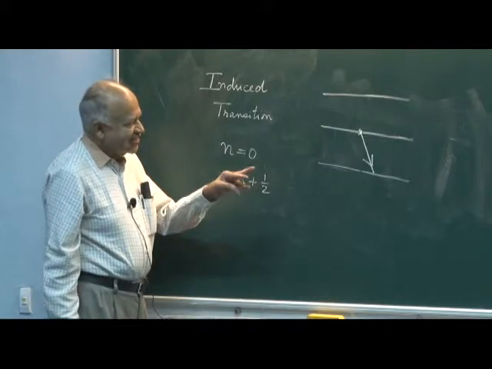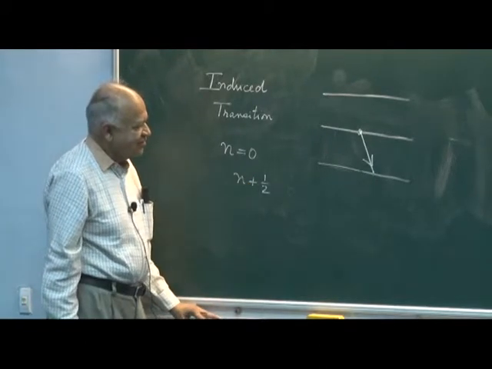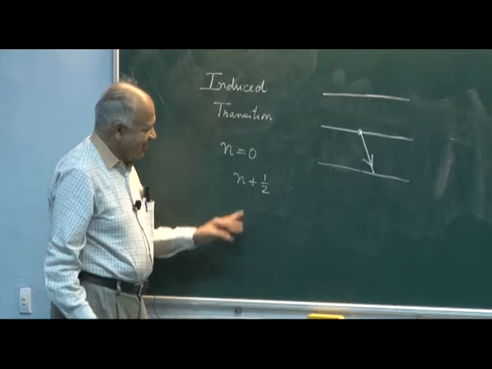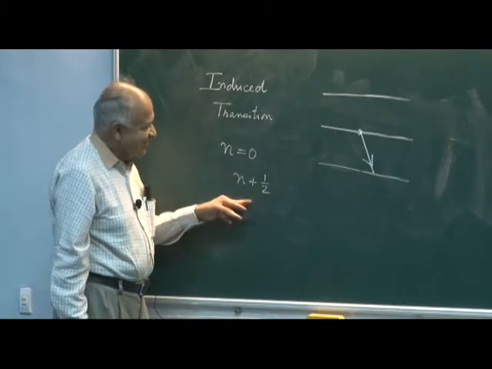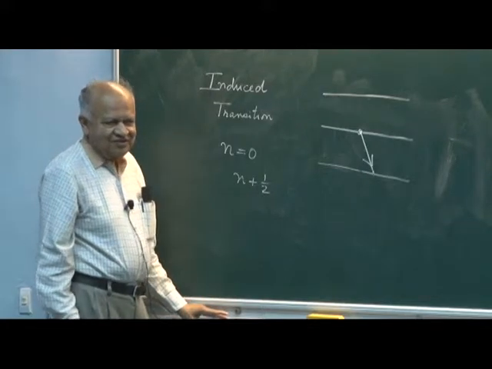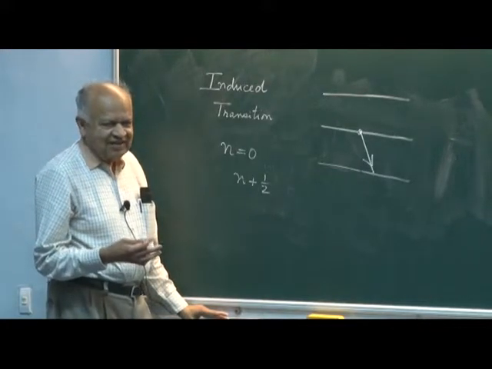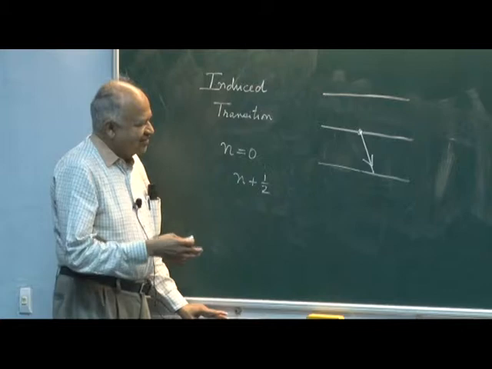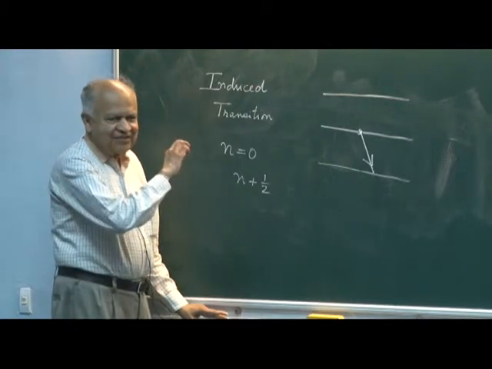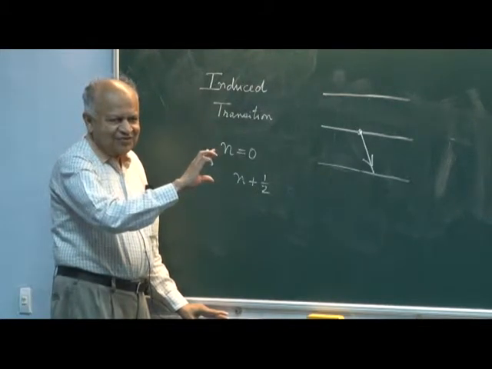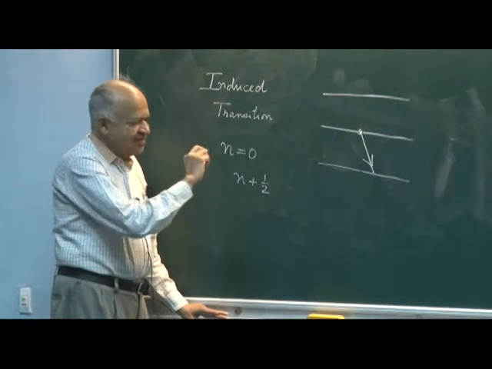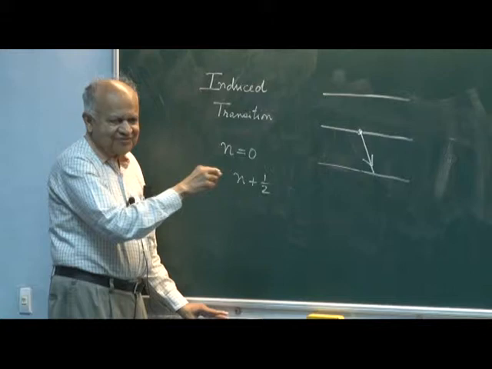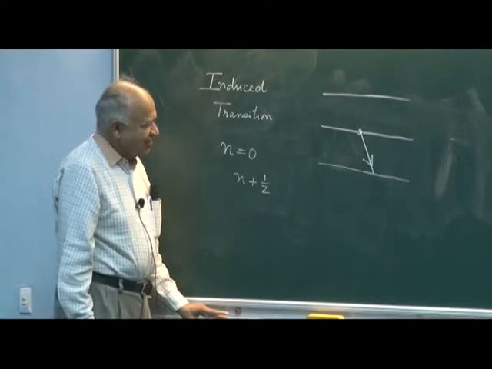When you are doing action at a distance, you cannot talk of this n plus half and all this, because all this machinery has come from field theory. So, field quantization is put in when you write down the rules of quantizing the electromagnetic field, you use these commutation relations and so forth in quantum theory.